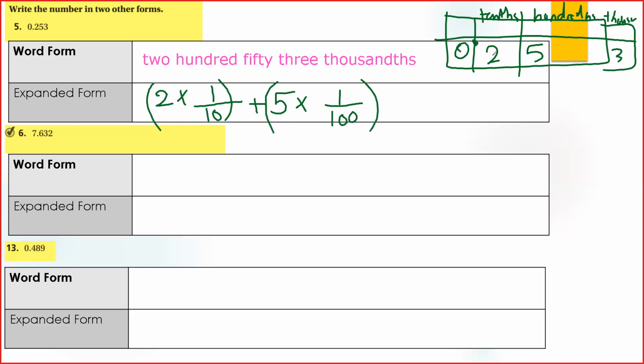Bravo. Plus 3 times what? 1/1,000. Bravo. That's it. Now next time you will continue 6 and 30 because the period was finished.